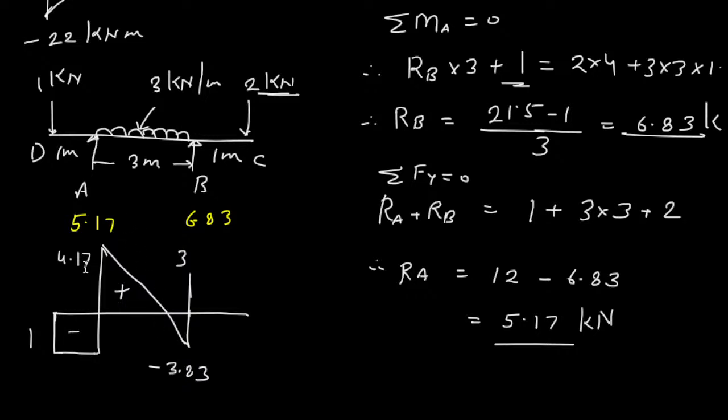When we go up, we get 4.17, and 4.17 minus 9 is minus 4.83. Okay, so this is minus 4.83. This value is what? Minus 4.83. So as it is minus 4.83, what happened? Stroke erasure. Okay.